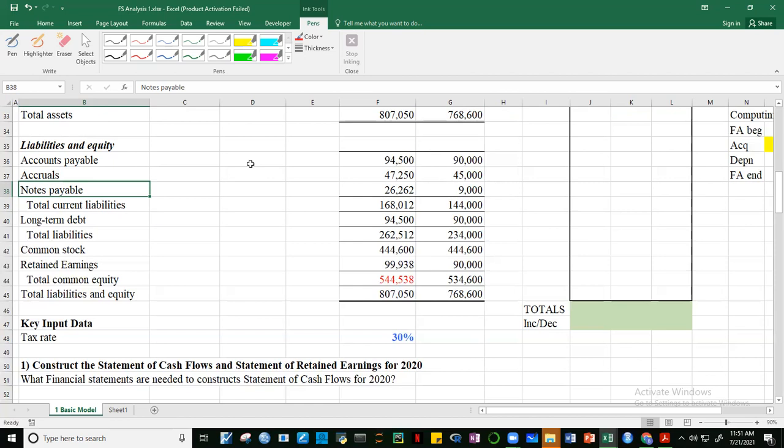Nag-issue ng commercial paper, nangutang yung company, short term lang yun, pero may interest. So notes payable always involves interest. Si accounts payable, walang interest. In fact, may discount pa siya. Kunyari, 3/15, net 30: you get 3% if you pay within 15 days, and then net, lahat, if you pay in 30 days time. All right, so if we add everything, 168,012.